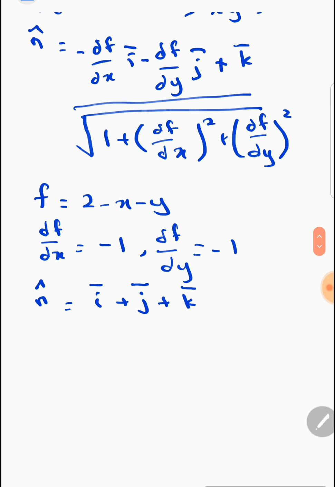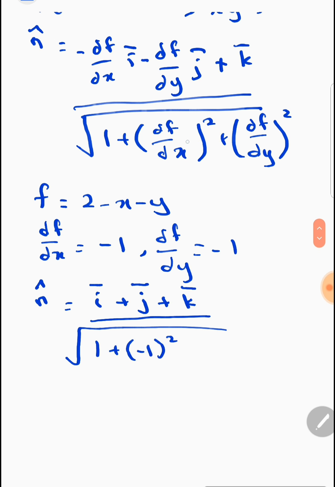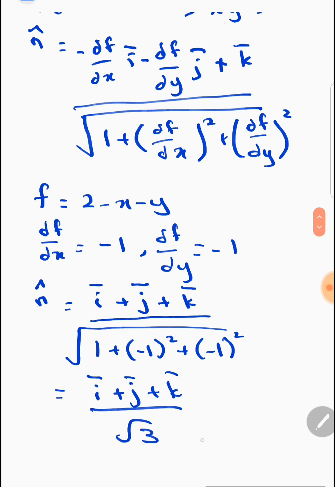Over 1 plus, negative 1 squared for my df over dx, and df over dy, which is also negative 1, so negative 1 squared. Again, you can see that this is i plus j plus k over the square root of 3.